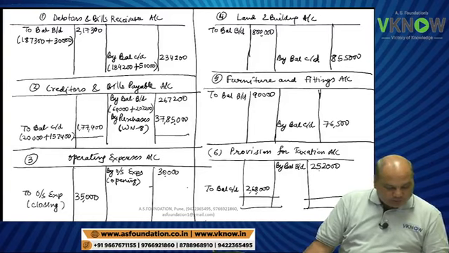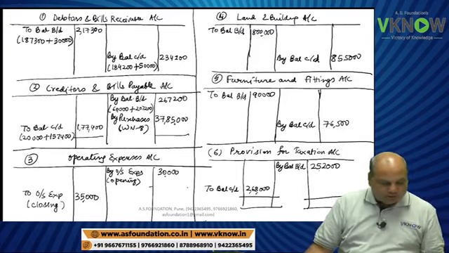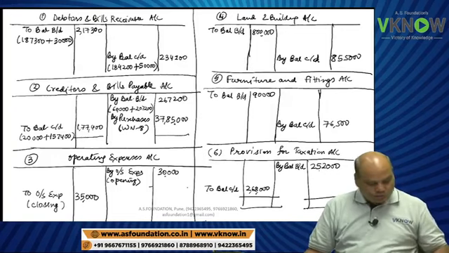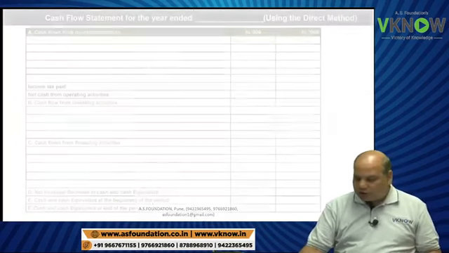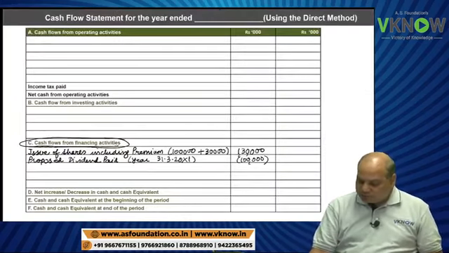This is a very important question on the screen. Now we have cash in hand and cash at bank. Add both items together; they will come in cash and cash equivalent at the beginning and at the end.